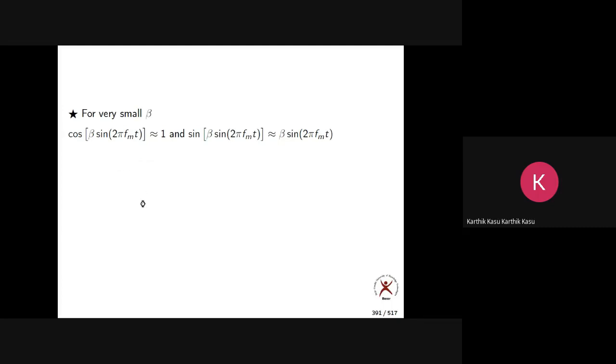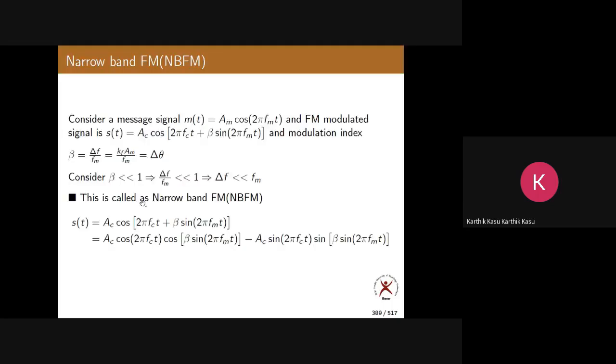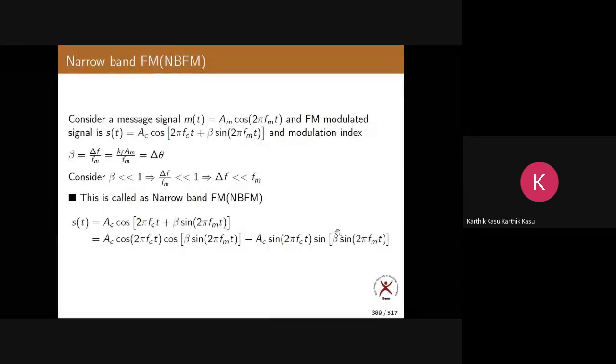In this expression, the term cos of (β sin 2πfmt) is approximately equal to 1. The same way, the term sin of (β sin 2πfmt) is approximately equal to, not 1, but β sin 2πfmt. The sine is removed.